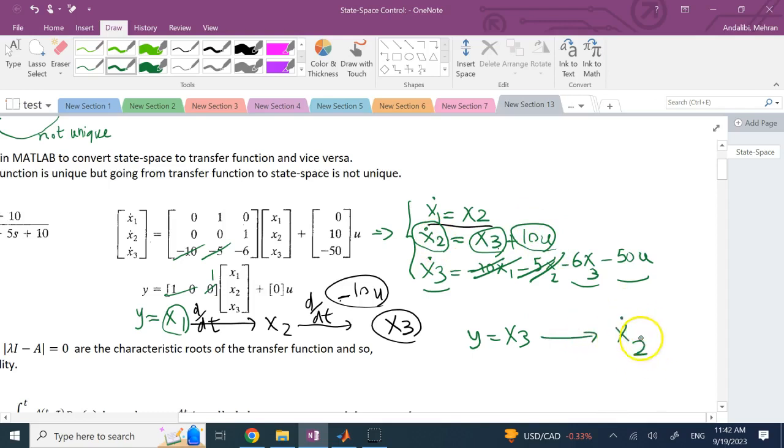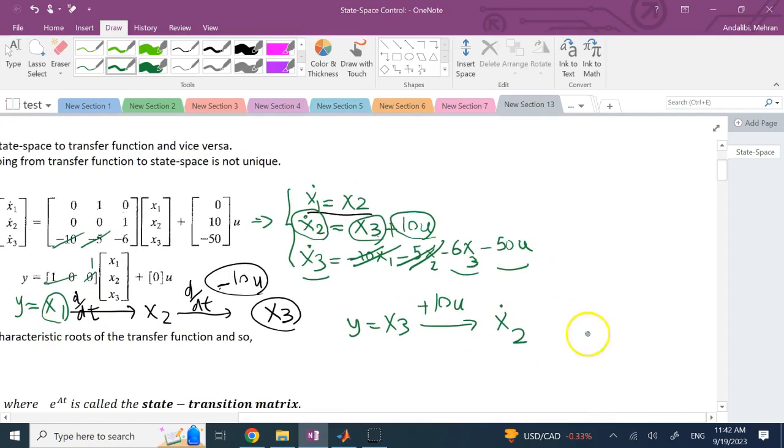And knowing x dot is not the same as knowing x. Remember last time, if I know x1, it means I know x1 dot, which is x2. But here you are going backwards. If you know the derivative of something, does it mean that you know that something? No. Because here you need to integrate. And integration needs a history.